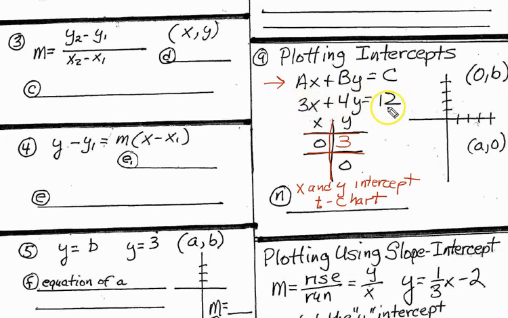Divide both sides by 3, you get x is 4. Now, if you plot these on this graph, 0, 3, so 0, 3, 1, 2, 3, you put a dot right there, and you go 4, 0, 1, 2, 3, 4, 0, and then you put a line through that.